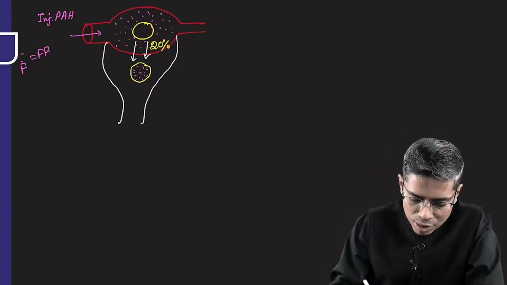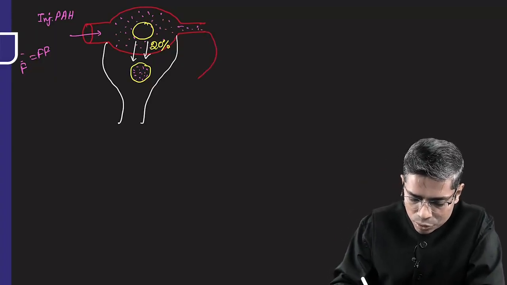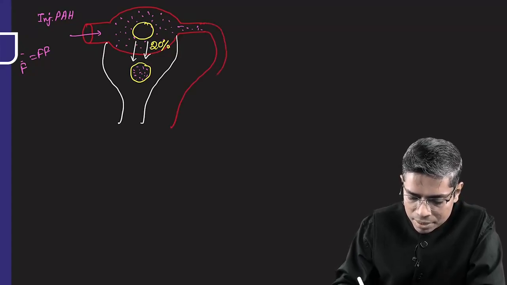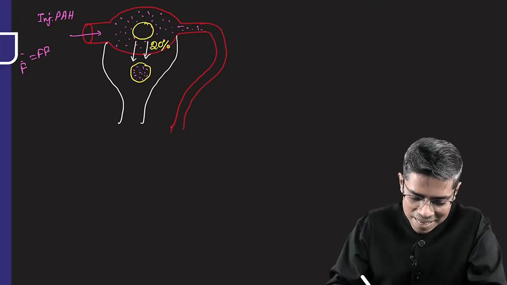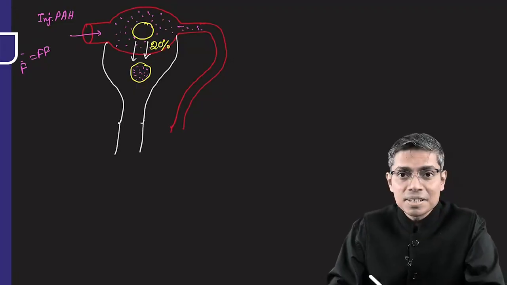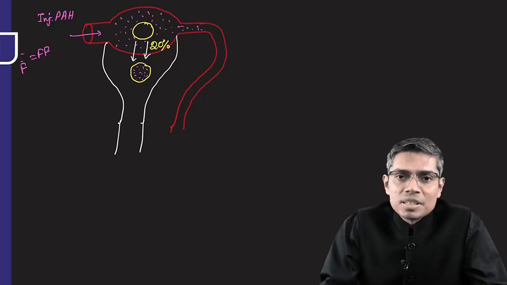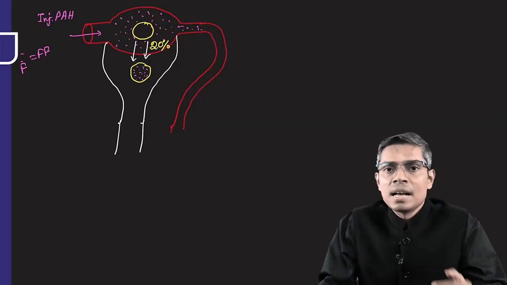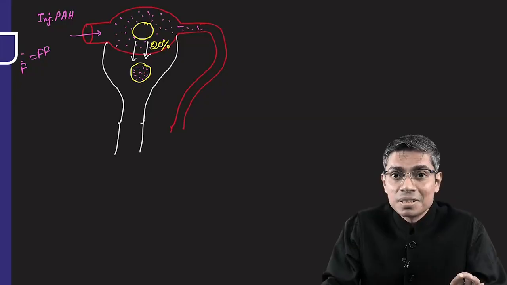The remaining PAH will move through the efferent arteriole, and then through the peritubular capillary. Now for PAH, there will be secretion, obviously. That's why the clearance of PAH is very high. So there must be secretion. Where does secretion occur? At the level of the proximal convoluted tubule. How much portion?